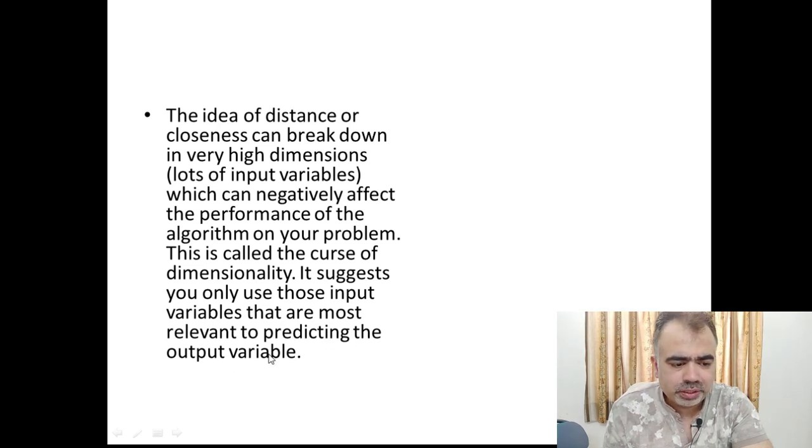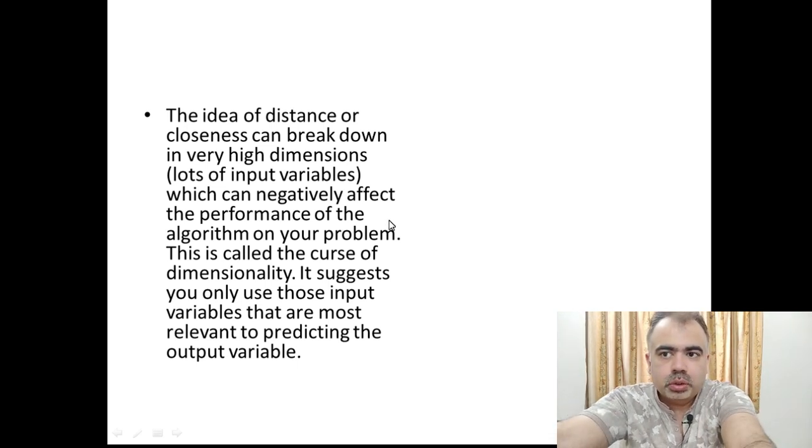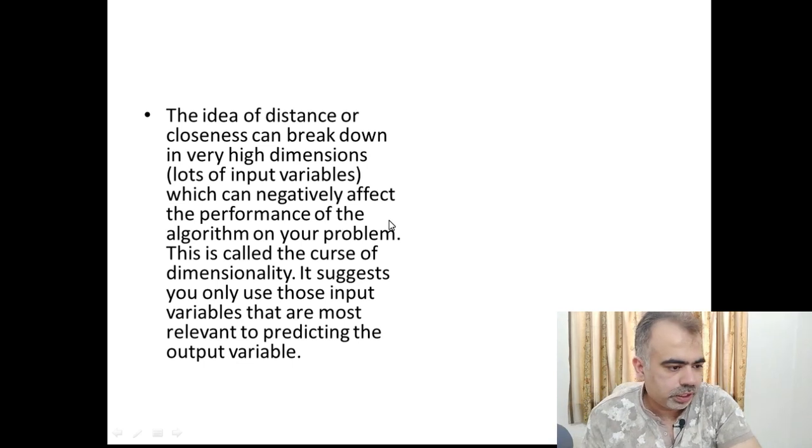I already covered this in the last algorithms: from the various columns, you have to pick only those which are highly relevant and useful, and they should not be repeated again and again, otherwise it will make the algorithm more and more complex. So let us move forward.